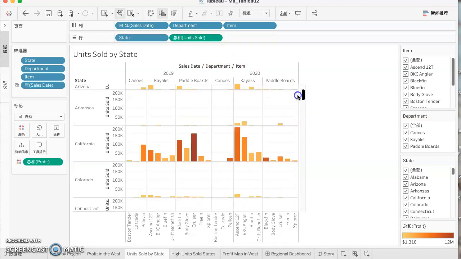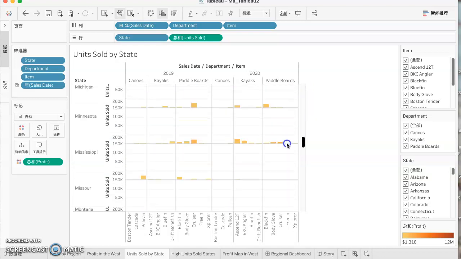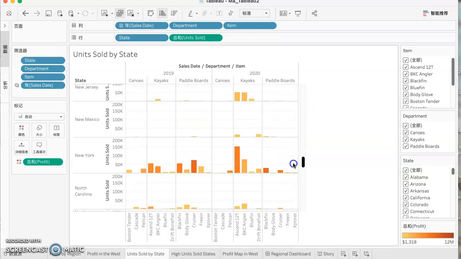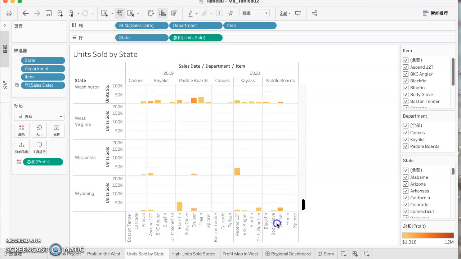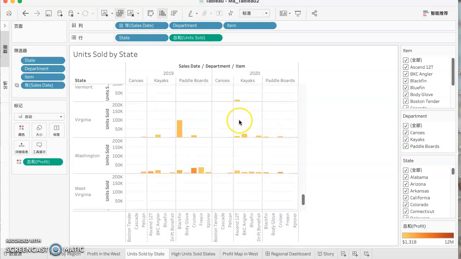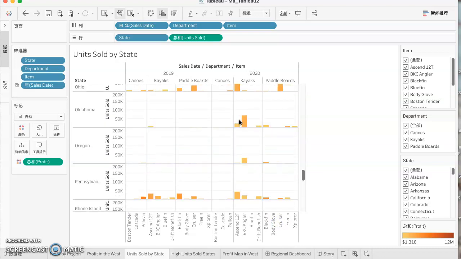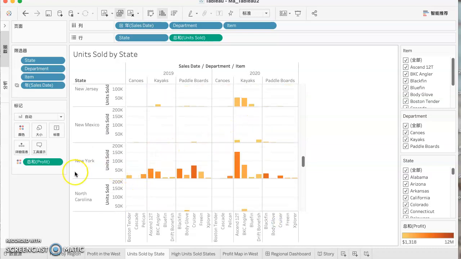We can find out that California, New York, and Texas have high units sold, and I think their profit is also high.